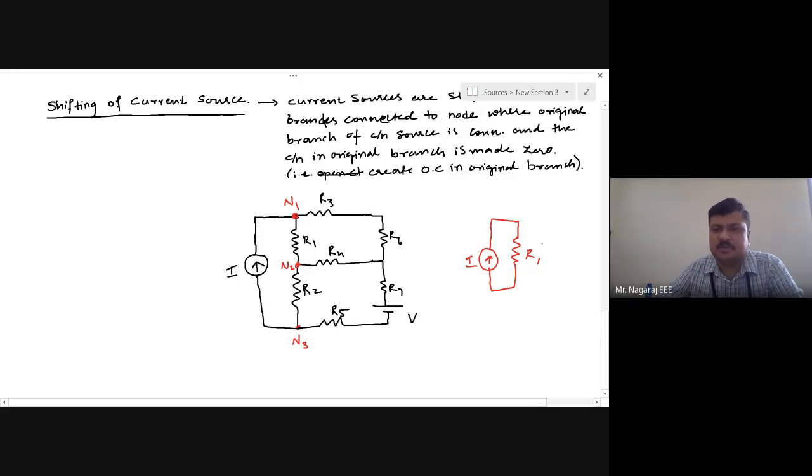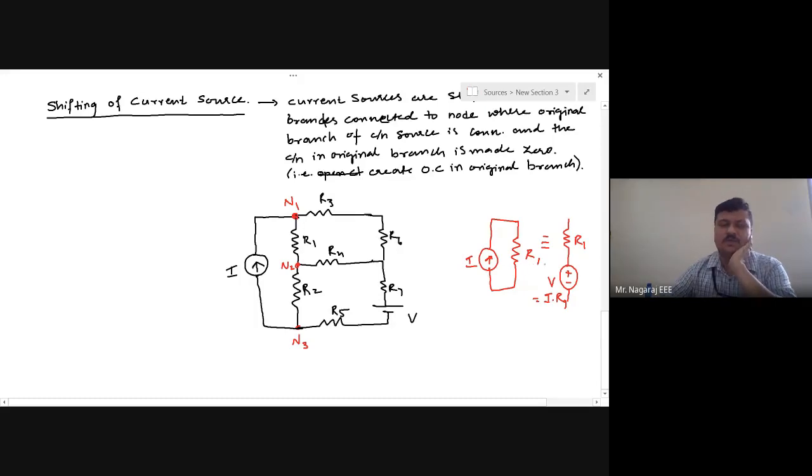Simple, I would replace this with a voltage source branch V equal to I into R1, with R1 in series. I would have done this very easily, is it?